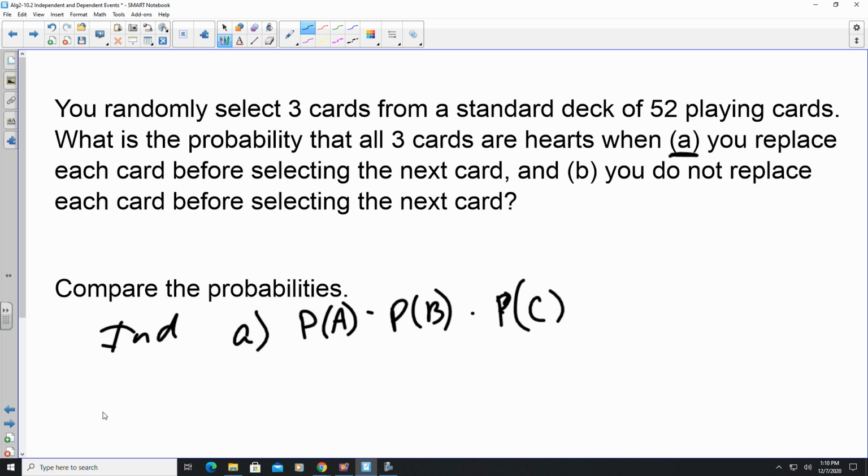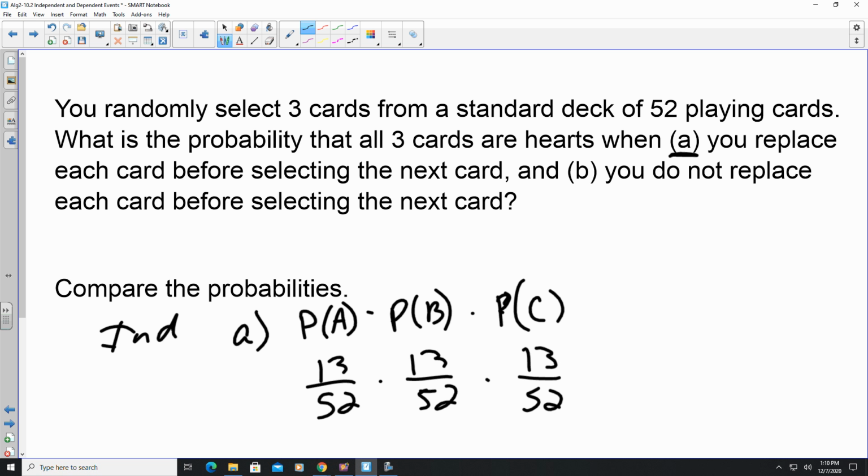So the probability of you getting a heart: of 52 cards, there are 13 that have hearts on them. So you have a 13 out of 52 chance the first time. Because you replace it, you have a 13 in 52 chance the second time, and a 13 in 52 chance for the third time.